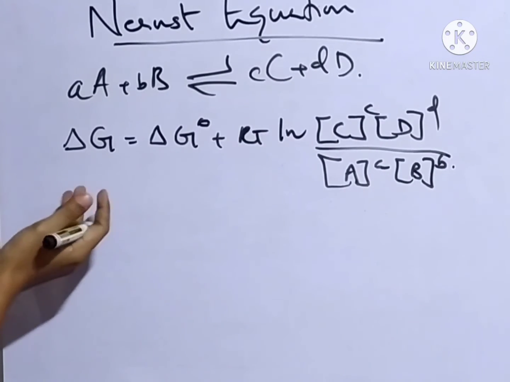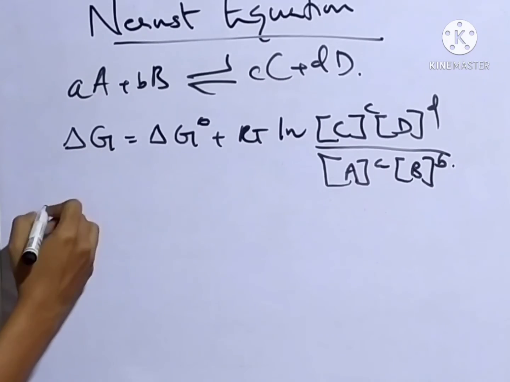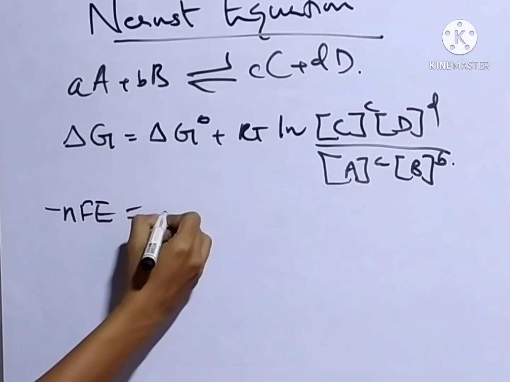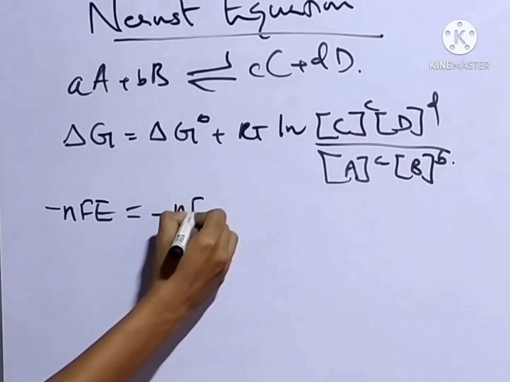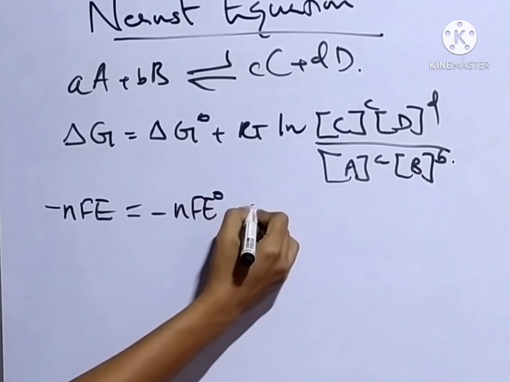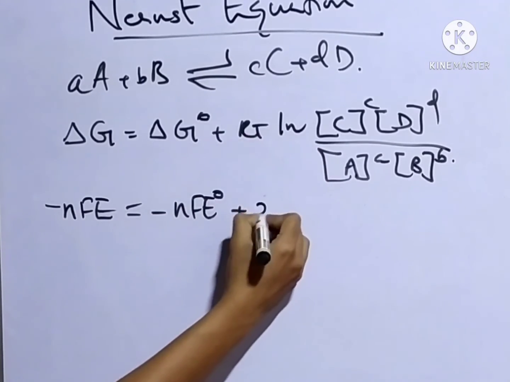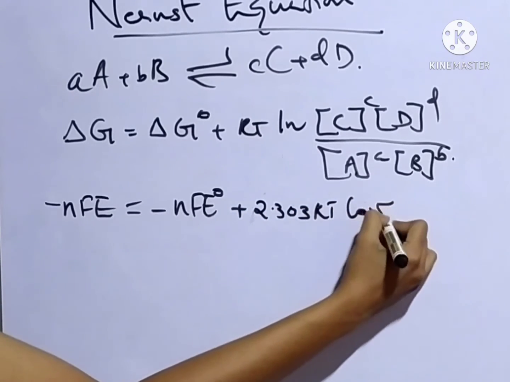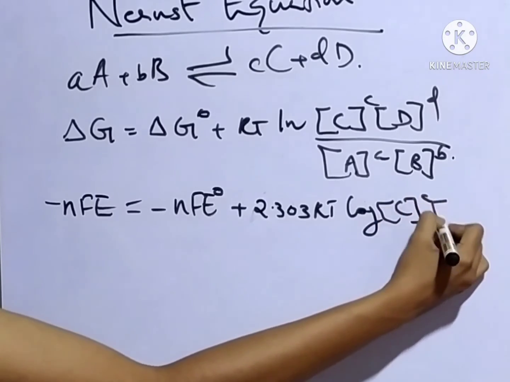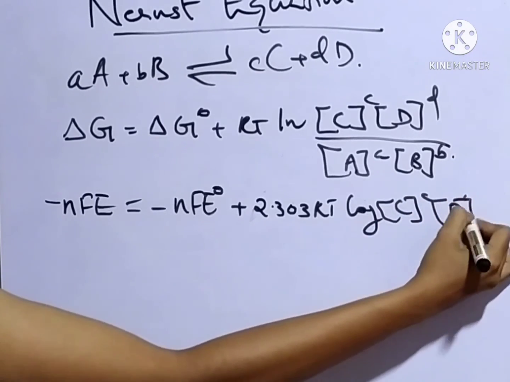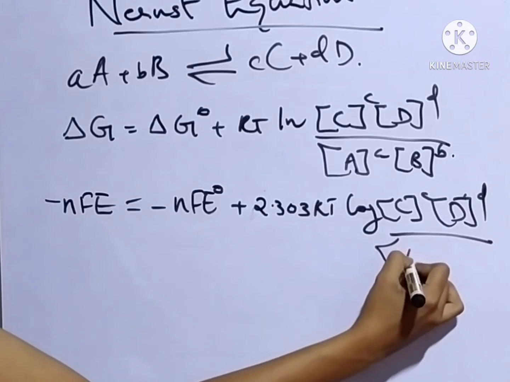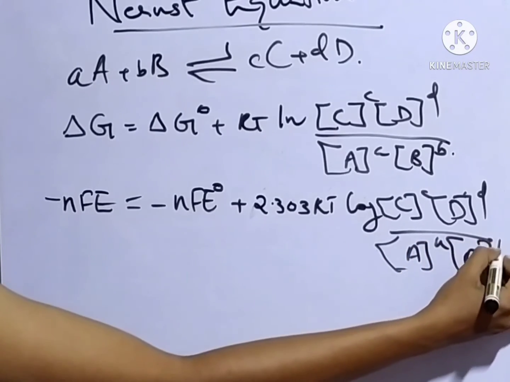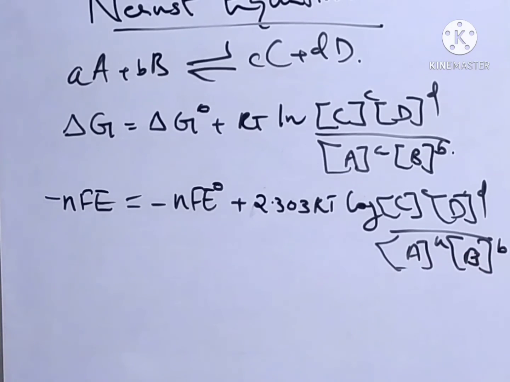From our previous knowledge, we know delta G is equal to minus nFE and delta G0 equals minus nFE0 plus 2.303 RT log concentration of C raised to c into concentration of D raised to d divided by concentration of A raised to a into concentration of B raised to b.